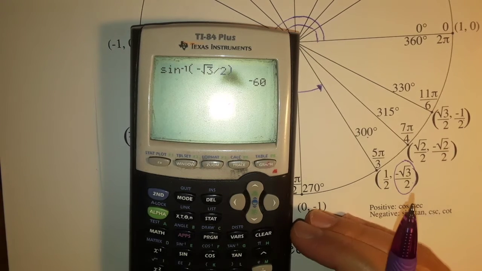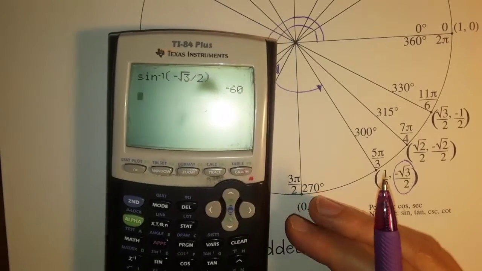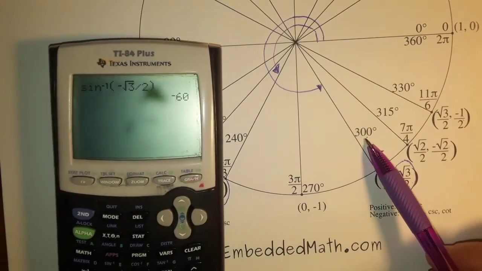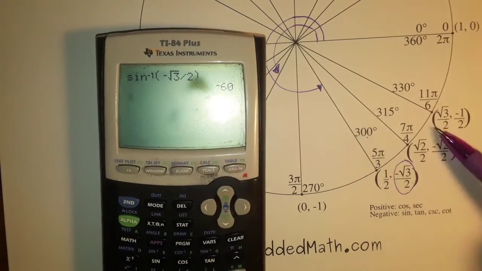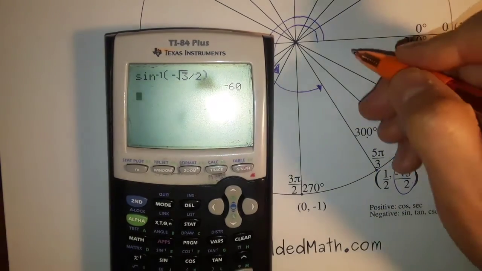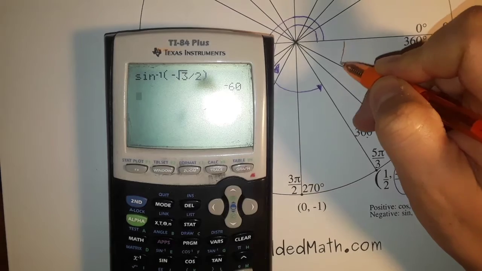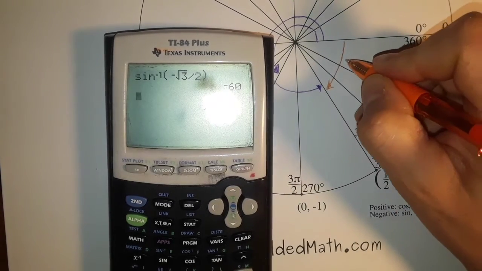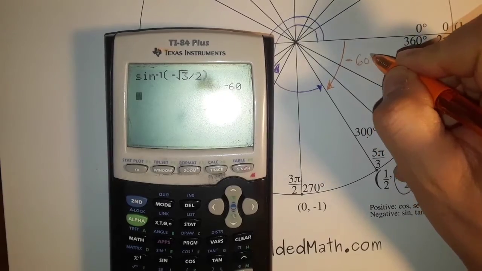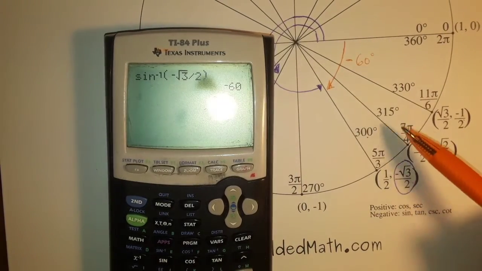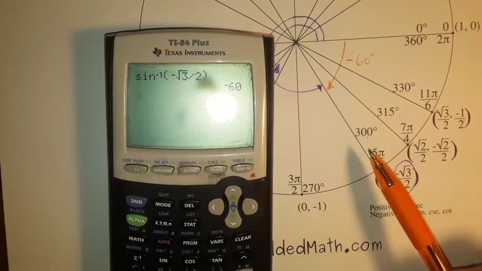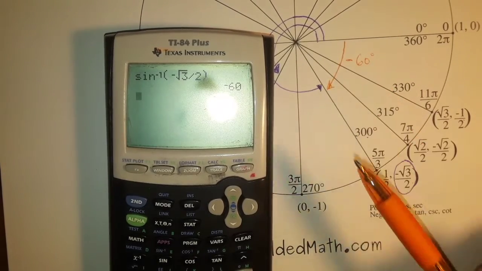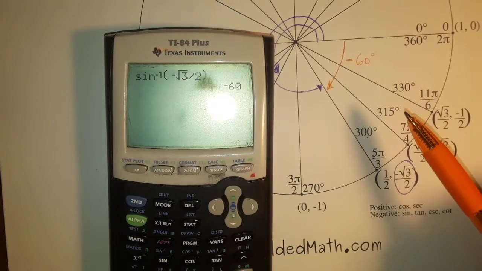So look at that. The calculator doesn't give you neither 240 nor 300. Instead, it gives you this angle here only, actually, right? So this is negative 60 degrees, and I know that it's negative 60 because when we have 300, we still have 60 to go to arrive to 360, to a full circle.